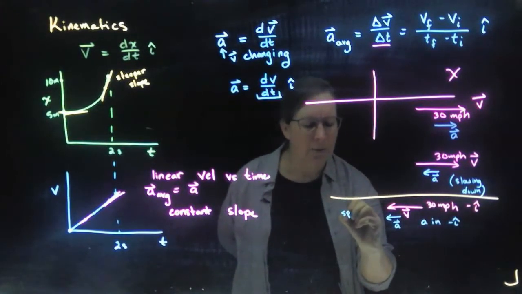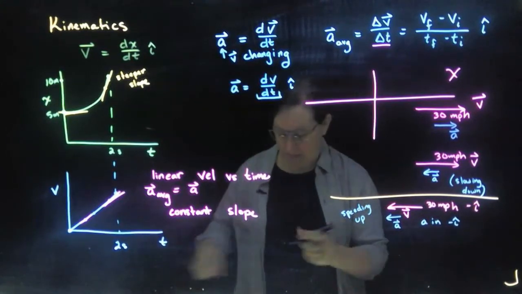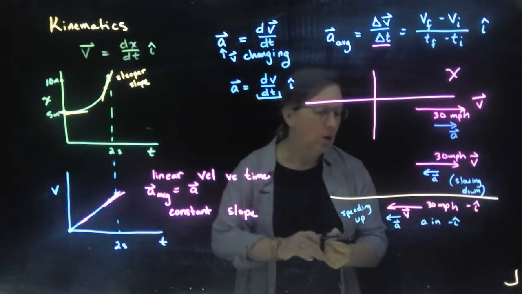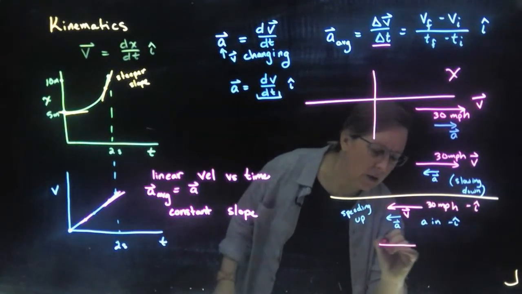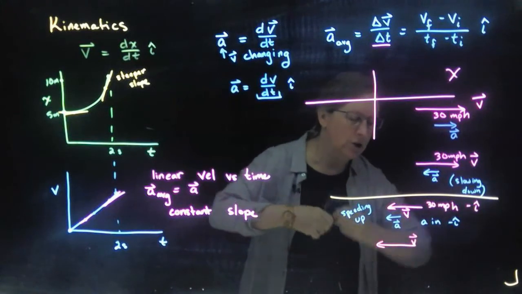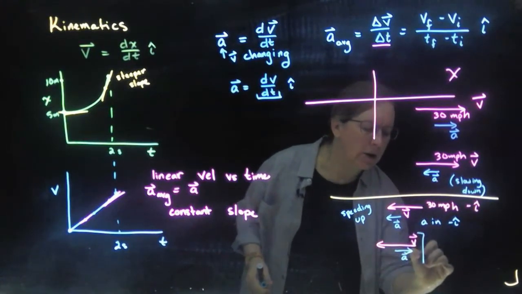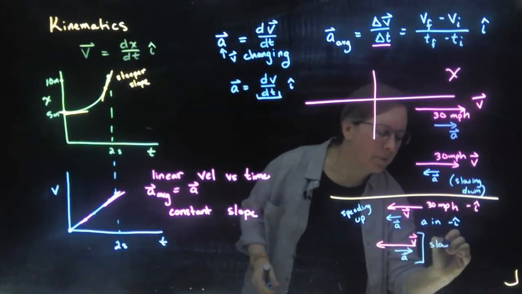We're speeding up. And similarly, we could have a velocity that's going this direction with an acceleration in the opposite direction, and this would be slowing down.